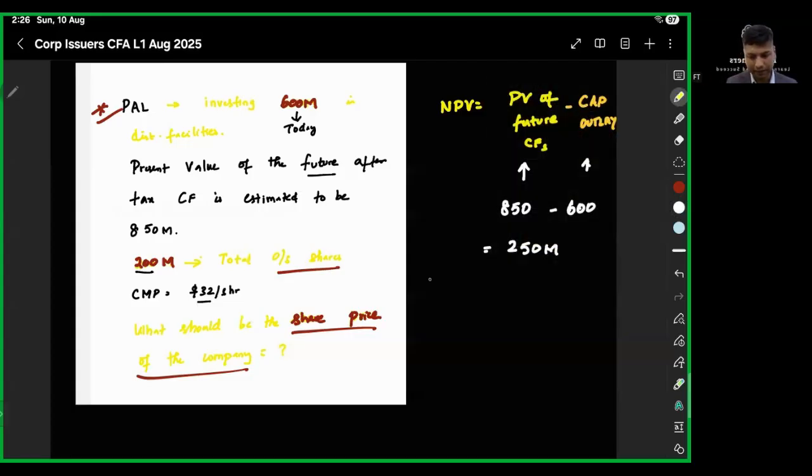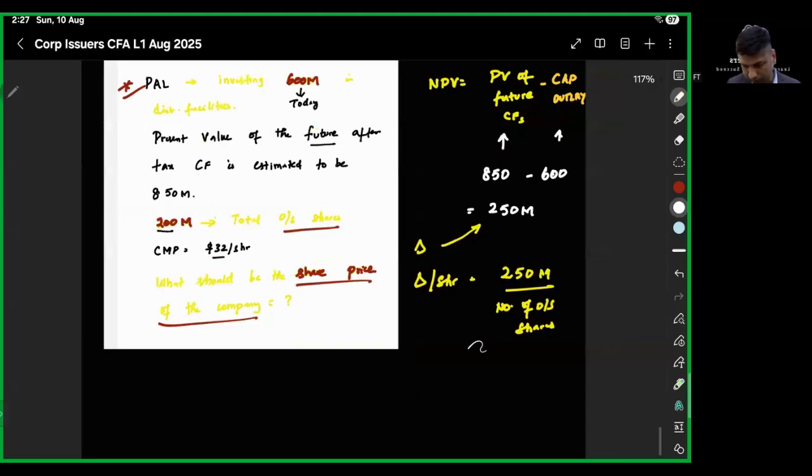Okay. So this is the increase in wealth. Per share, what is the increase? This is the change in wealth or market cap in our case, which is 250. Change per share would be 250 divided by number of outstanding shares. And that was given directly. So we can substitute that to be 200. So that is what? 1.25, right? 250 by 200.